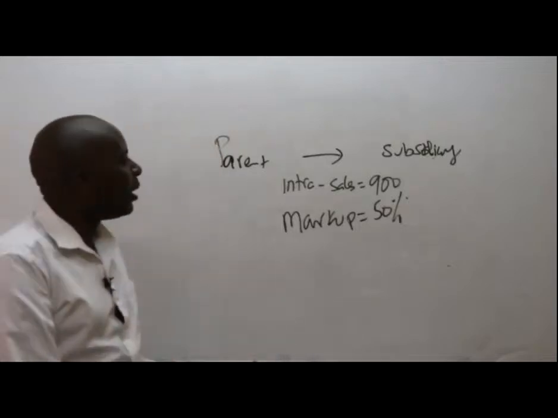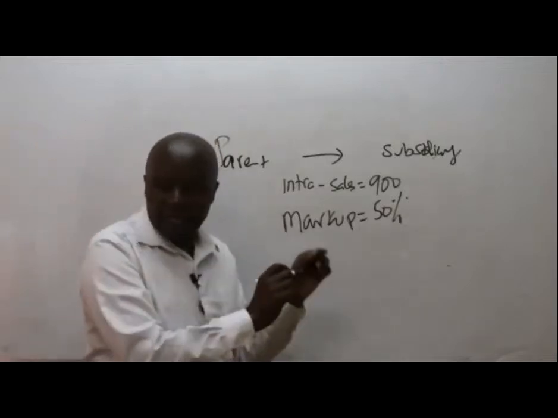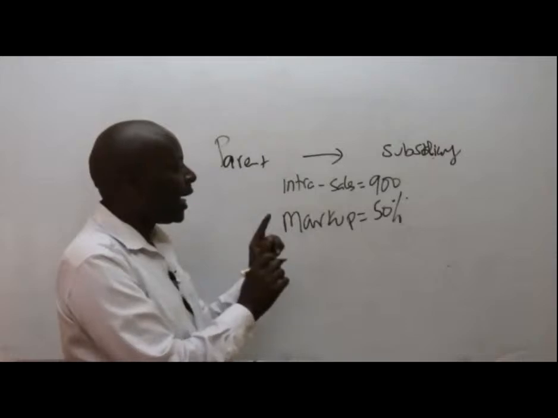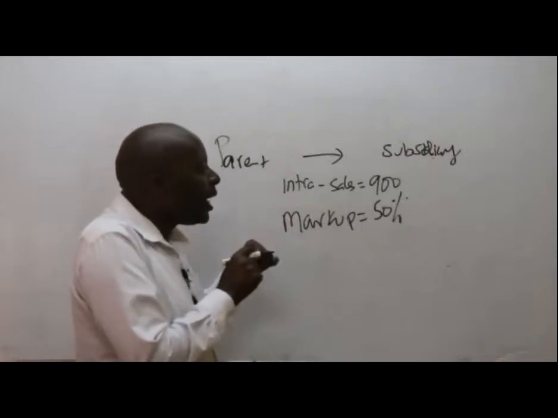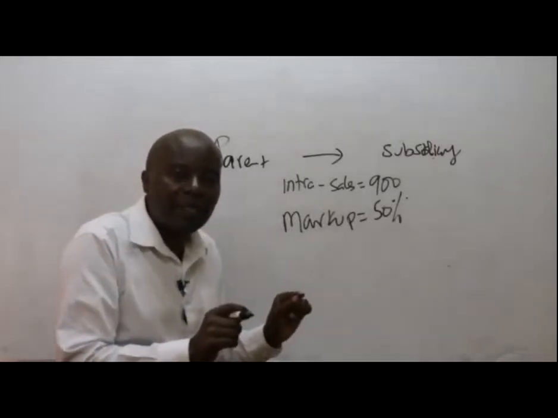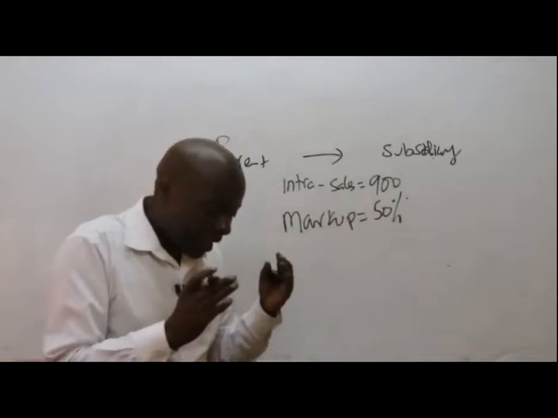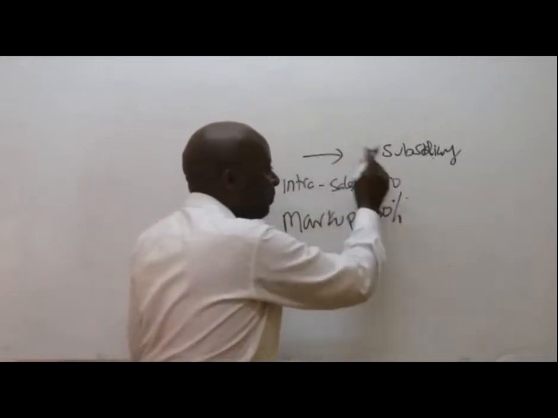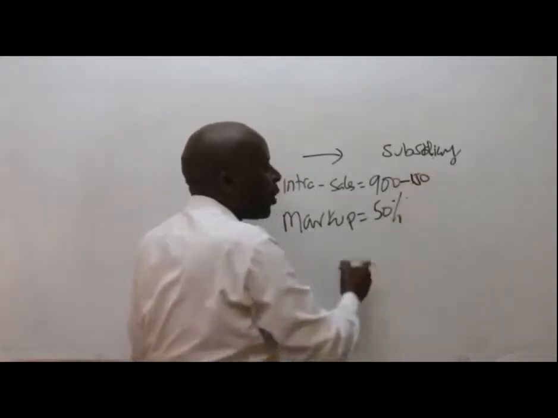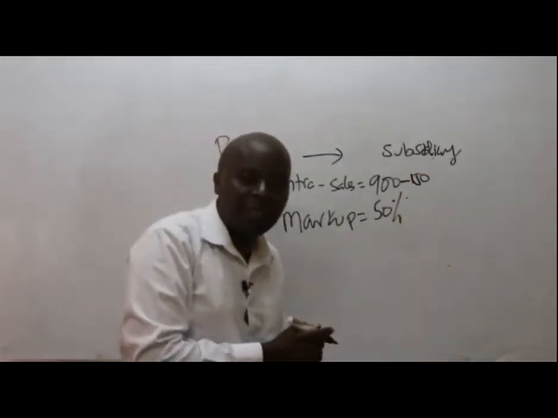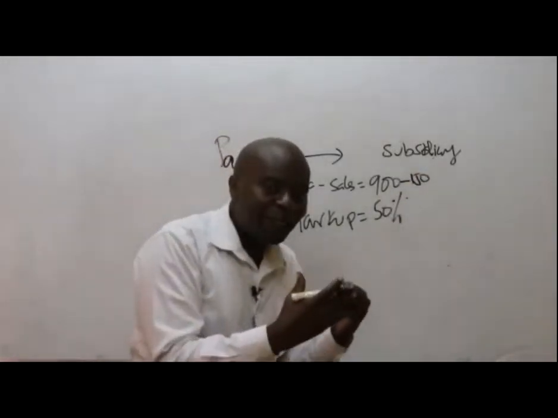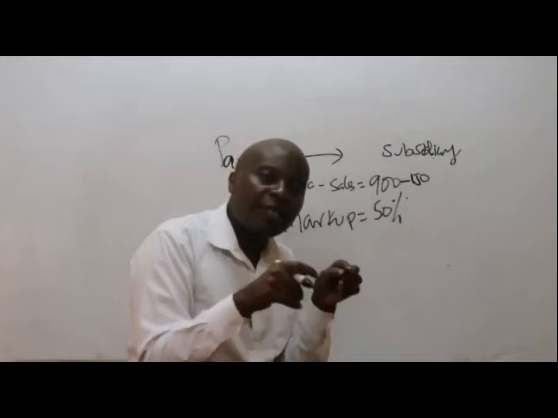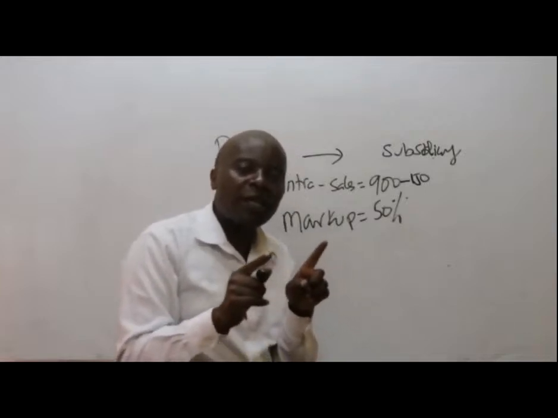So remember that the intra-sales at the end of the day was 900. But we were able to dispose of, whichever company there, goods worth 150. So what is of concern to us is what is remaining unsold.